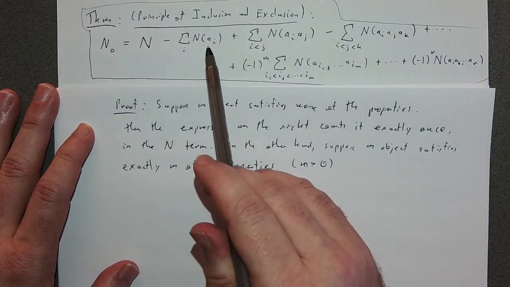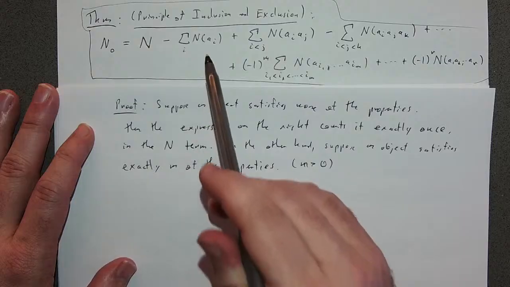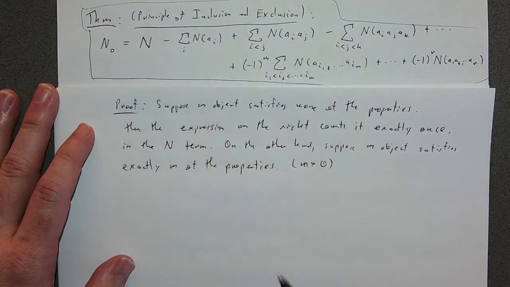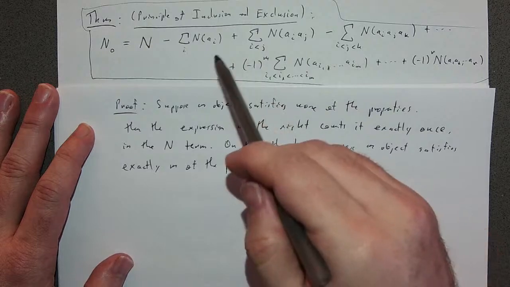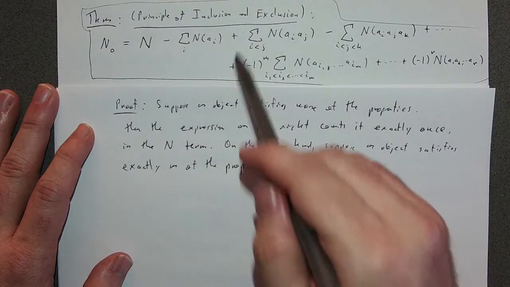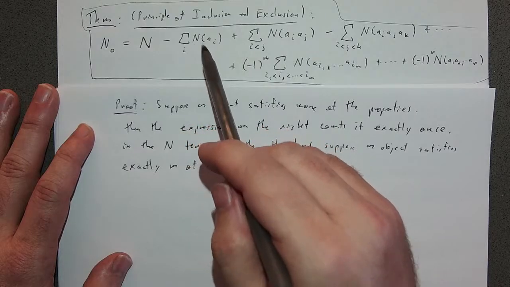Because if it satisfies m properties, then m of these a sub i's, right? You could label them a sub i sub 1, a sub i sub 2, out to a sub i sub m. It satisfies each of those properties, so it's going to be counted m times here.